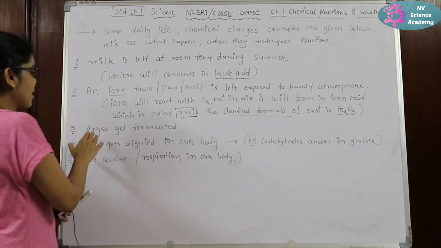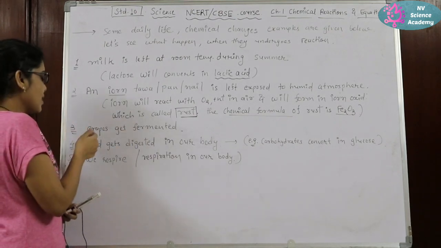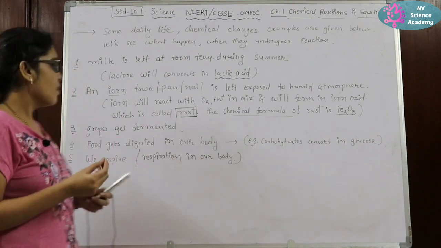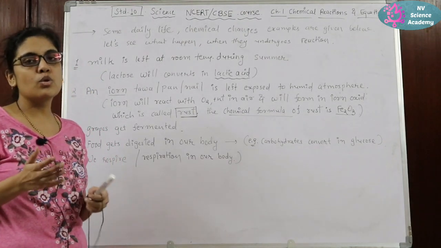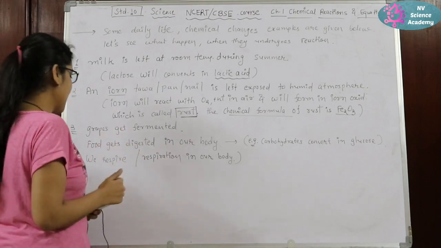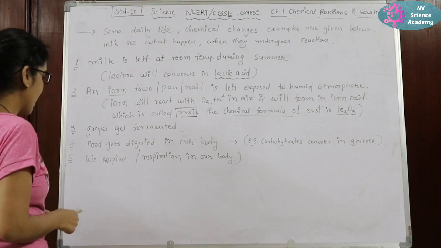The third example is grapes getting fermented. You also know this example: generally grapes have a sweet flavor, but when they undergo fermentation, they convert into a slightly sour taste. So it is also a daily life chemical change example.